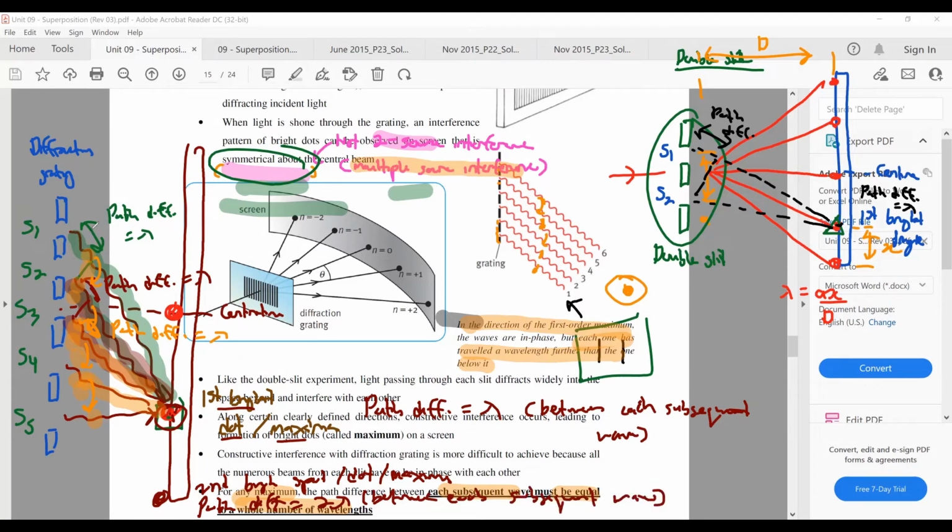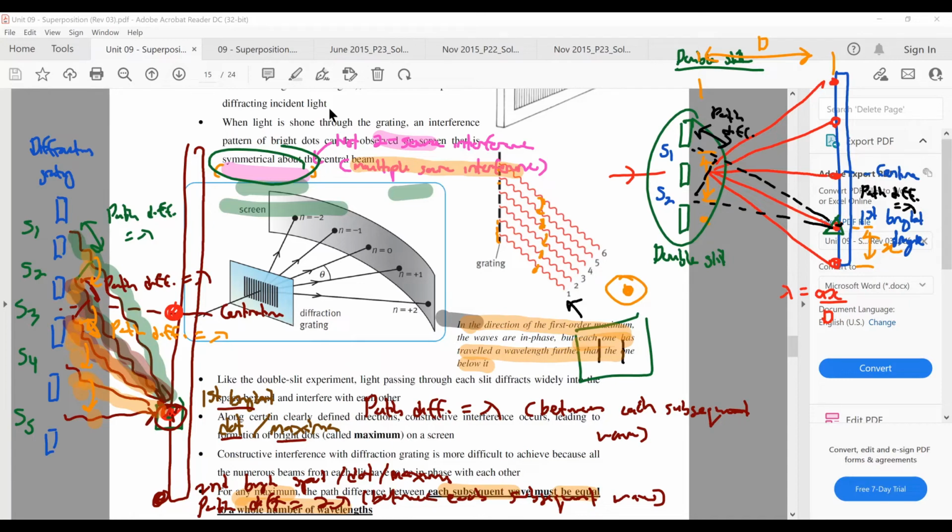Each pair of waves that arrive must have a path difference of 2 lambda, each subsequent pair. So that is what we mean. That's why I mentioned it's somewhat similar, but you have to look at it slightly differently.